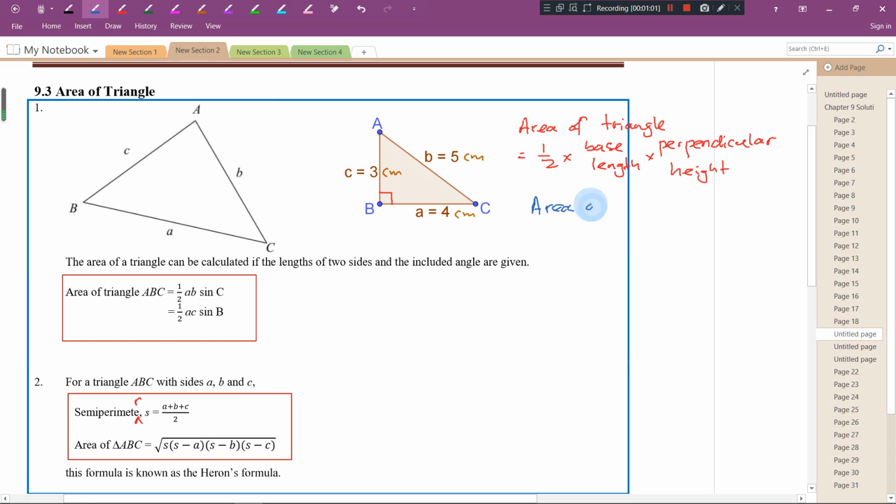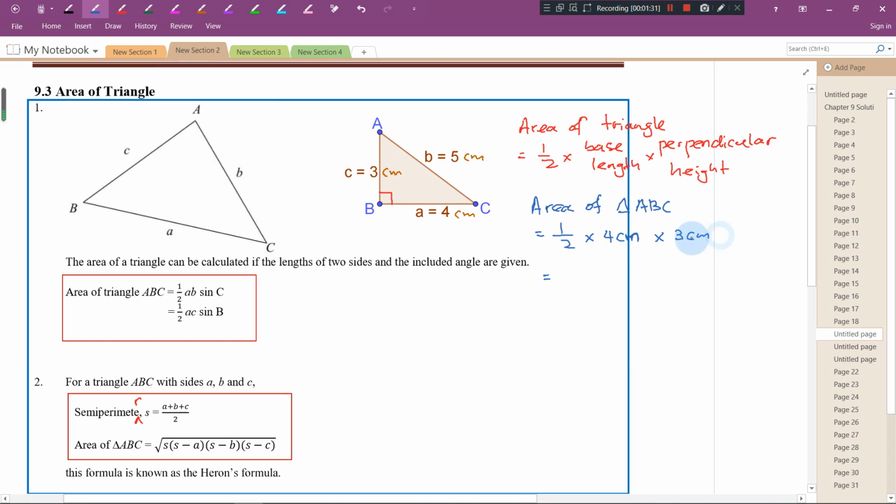Area of triangle ABC. Here I'm going to use this formula to get the area of this right angle triangle. 1/2 times the base length, which is equal to 4 centimeters, times the perpendicular height, which is equal to 3 centimeters.